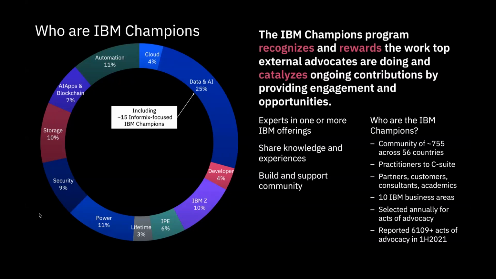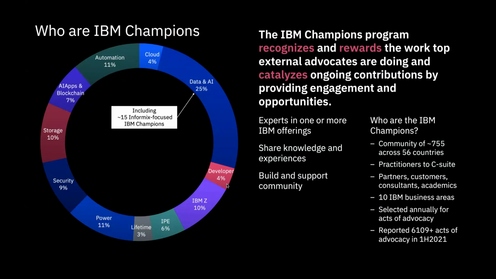About 3% of our Champions are lifetime IBM Champions, including your own Cindy Lichtenauer, who I think is out there somewhere. And IPE stands for the partner ecosystem. So about 6% are in the partner ecosystem specifically. More than that are partners, but these folks are partners specifically for being partners with IBM. And then we have Z and then developers. So these 755 people, broken up the way you see it, come from 56 countries around the world.